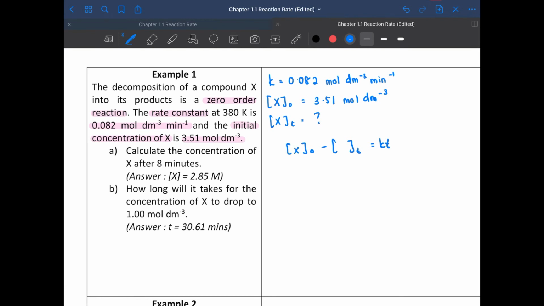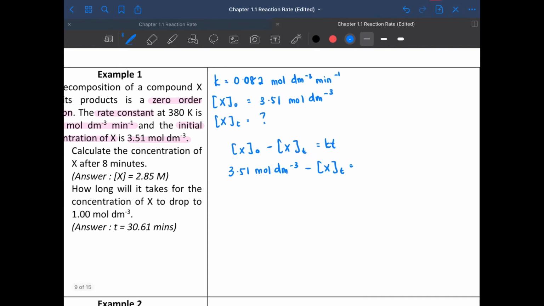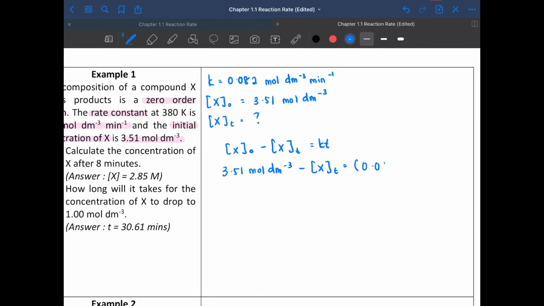So X naught minus Xt equals kt. The initial concentration is 3.51 mole per dm cube. Xt is the one that we want to find, and for k, substitute the value 0.082 mole per dm cube per minute.